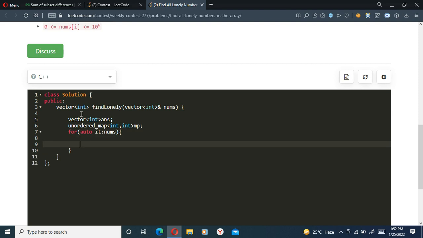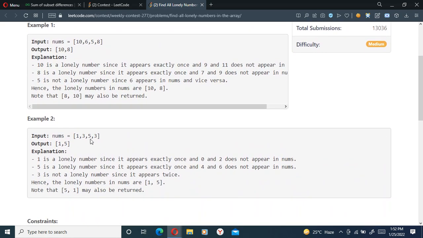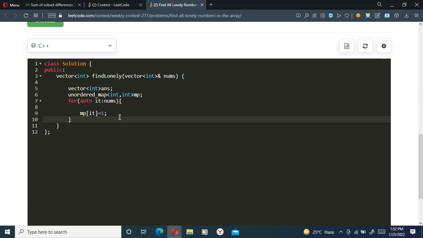I'll just say mp of it is equals to 1. And do I always need to do 1? No, since there can be multiple instances, so let's just do plus plus.